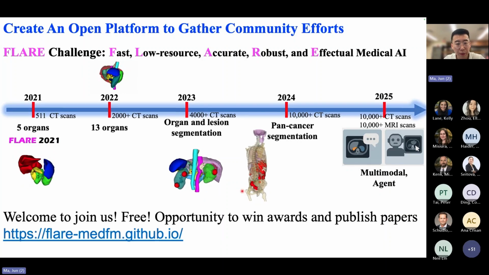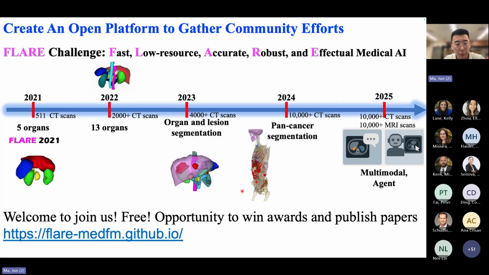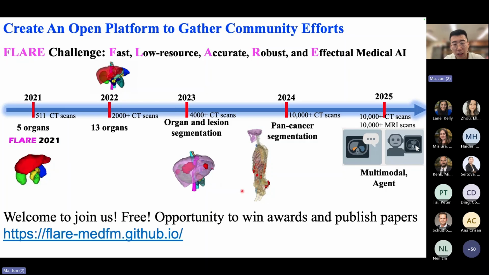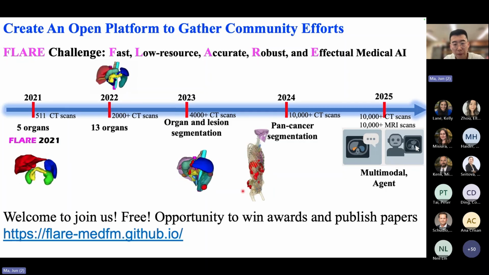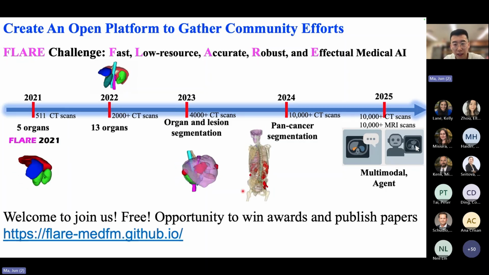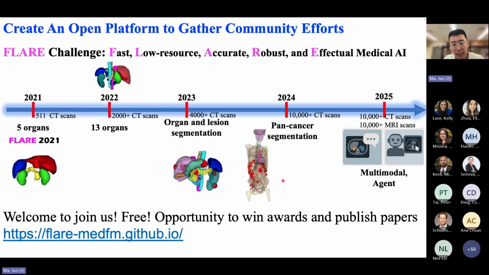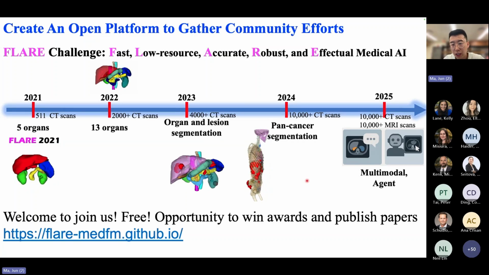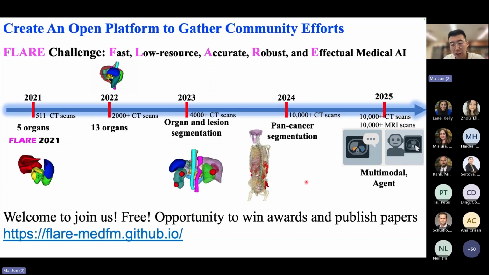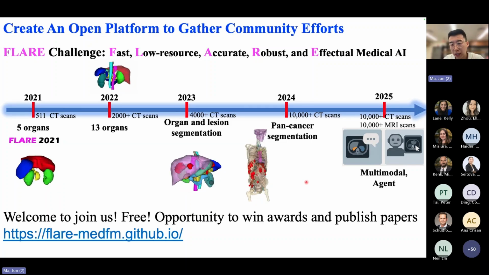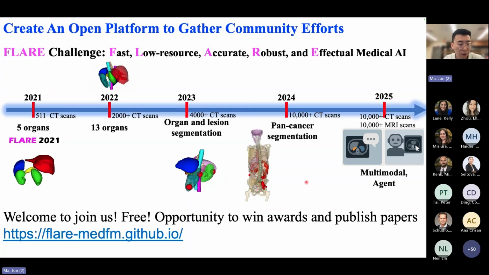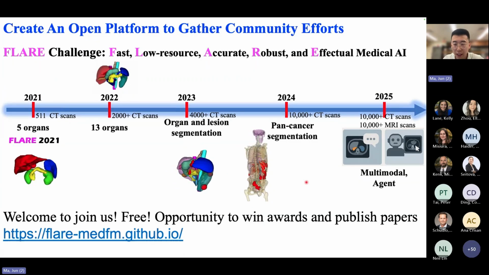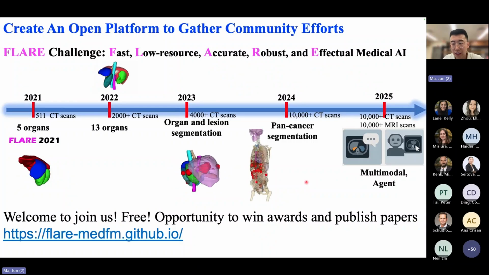In 2023, we further expanded it to joint abdominal organ and lesion segmentation, and in 2024 we focused on pancreas segmentation in CT scans by providing over 10,000 CT scans. And this year we introduced more interesting tasks such as the multimodal model and agentic system. So currently the registration is still open, so welcome to join us if you are interested in those tasks.